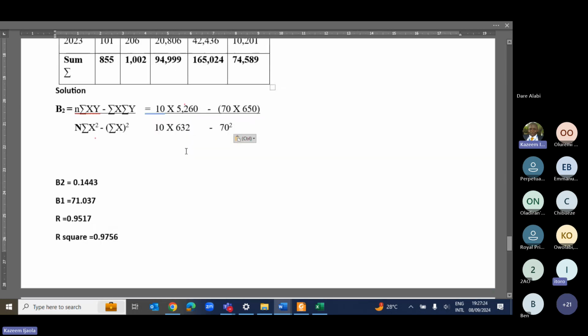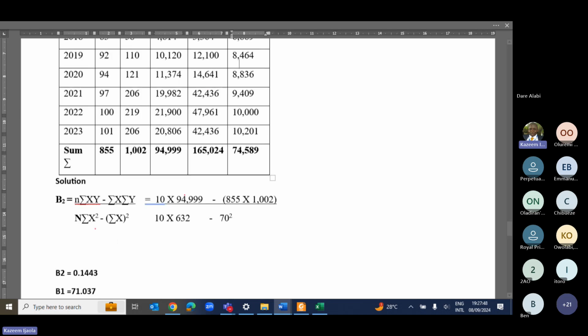XY 94,999. You see? Can you hear that? Summation X 1002, 855 times 10. I have to undo it again to show you that this is technology, witchcraft knowledge technology. N summation X squared.